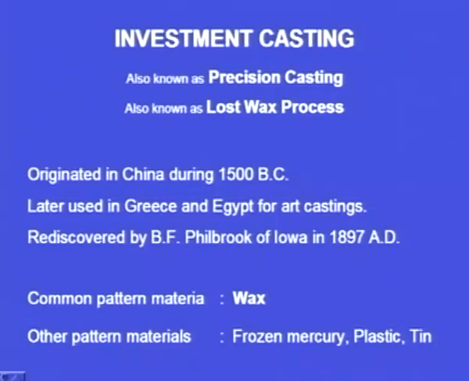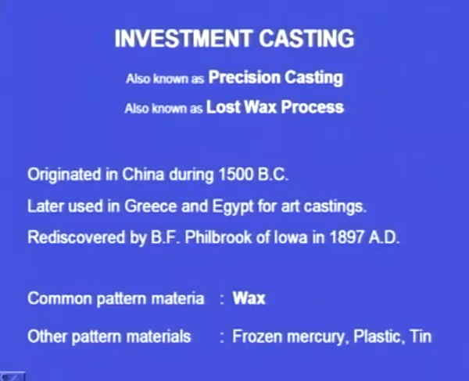and the pattern material used in this process is wax in most cases. So, we also call this process the lost wax process. This process originated in China around 1500 BC. Later, it was improved in Greece and Egypt.